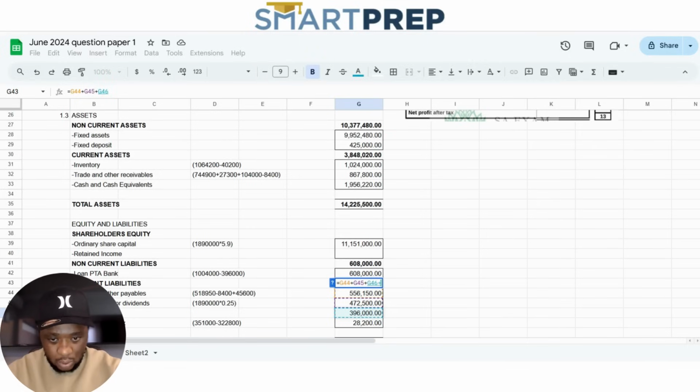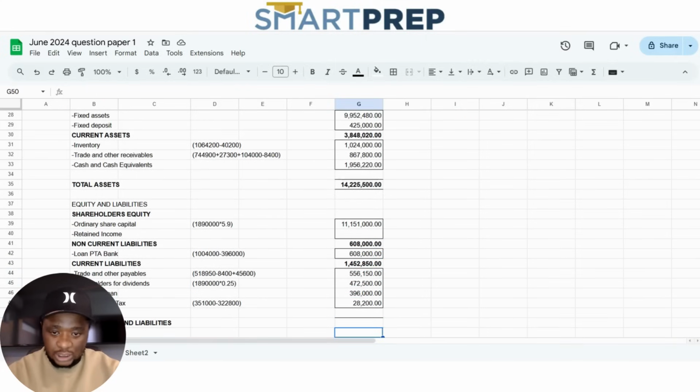So if we add up all our current liabilities, we then would get 1,452,850. Okay, and so what we then need to do is find a way to get a balancing figure, because remember that assets are equal to equity plus liabilities. So we have our total assets. So we're going to take that balance of total assets and put it as our total equity and liabilities.